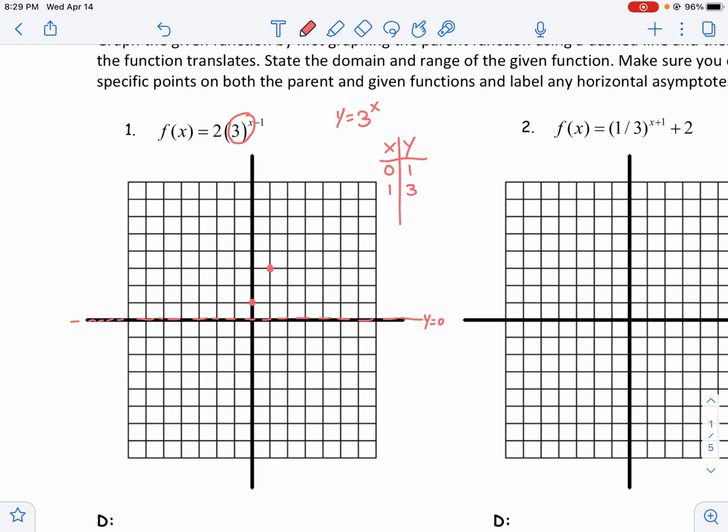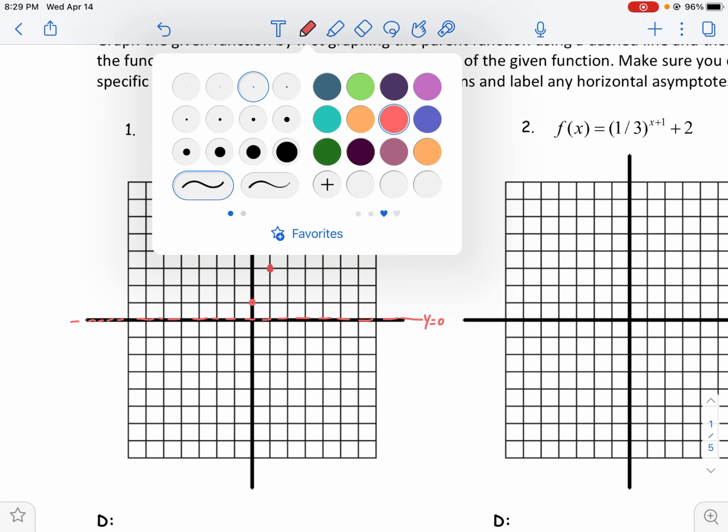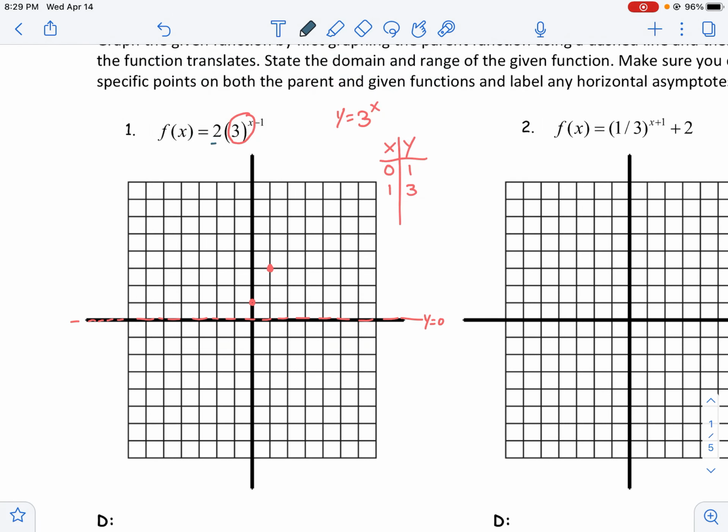Now we need to do any kind of transformations to this thing. Here we can see that there's an a value, so we need to multiply all of the y's by the a, so multiply both of those by 2, which would put this at 2, and then this at positive 6. So then we're going to go 2 and positive 6.